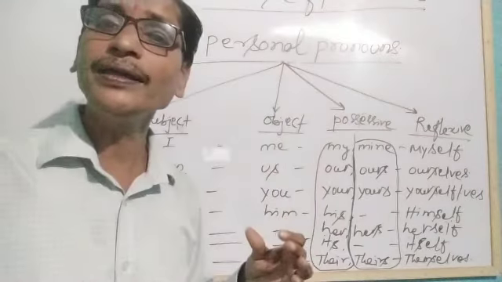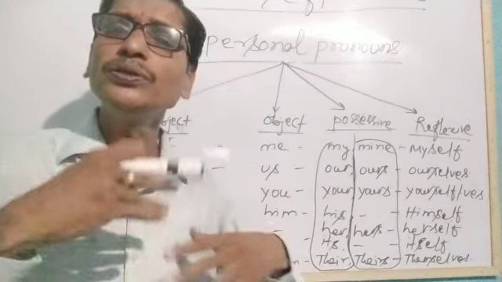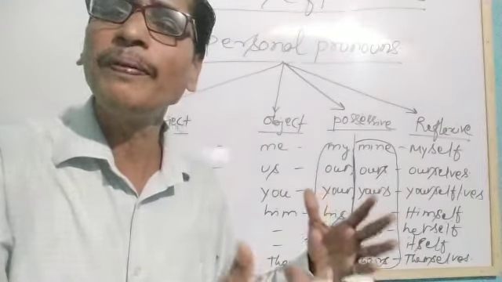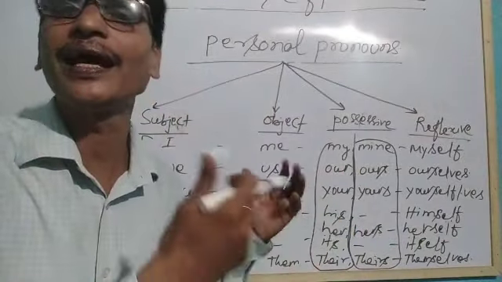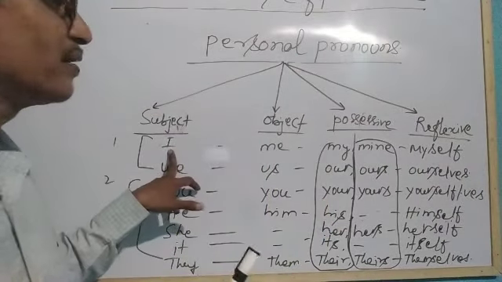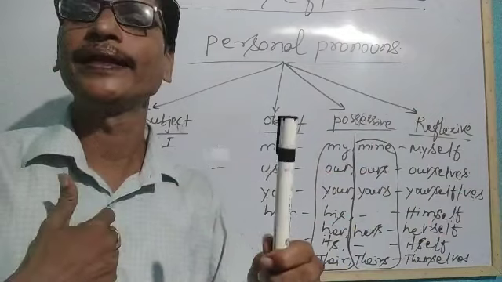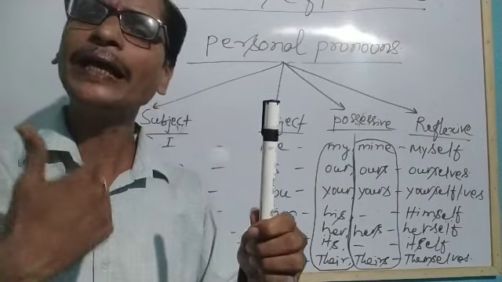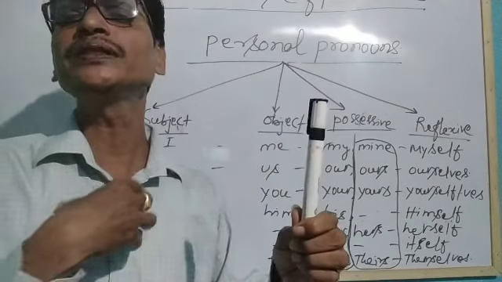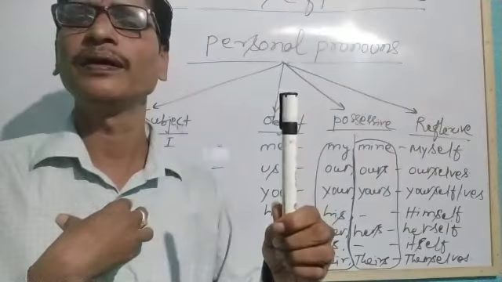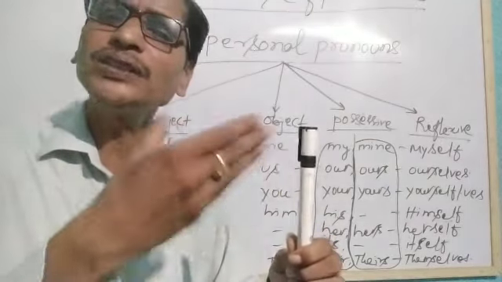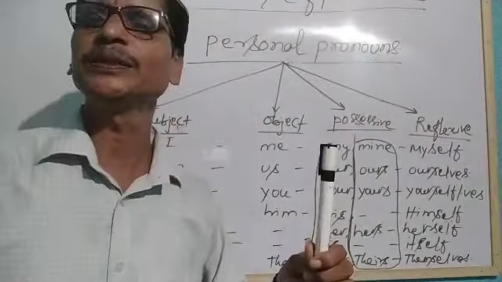Because when some words are used to modify or enhance the meaning of a noun, they are called adjectives. So here you see, this is my pen. Before this pen we used a possessive case, my. So my is functioning as an adjective of this pen.